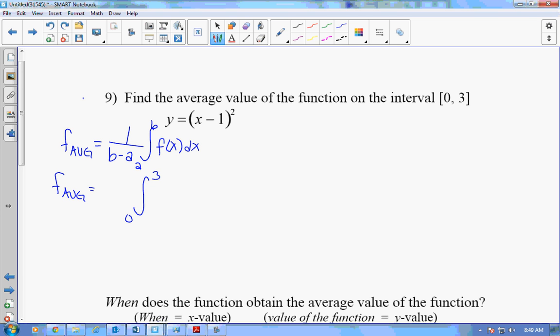So for our fraction, we would put 1 over, for averaging them, 3 minus 0. We're always dividing by the width of the interval, which is 3. From 0 to 3 is a width of 3. F of x is, in parentheses, x minus 1 squared dx.